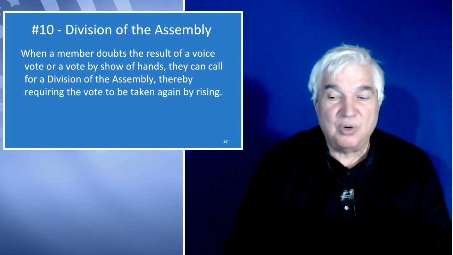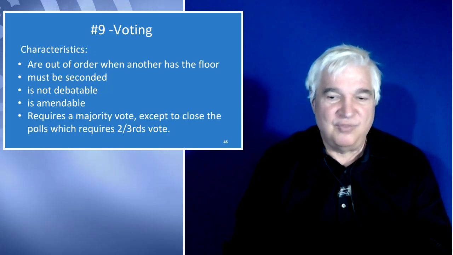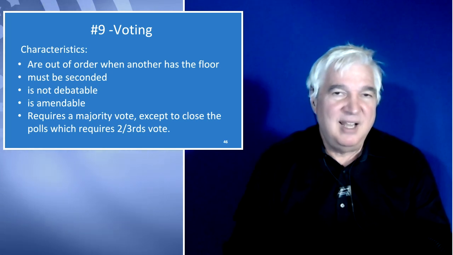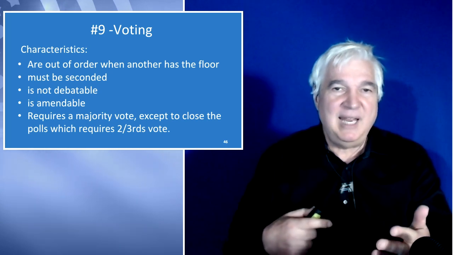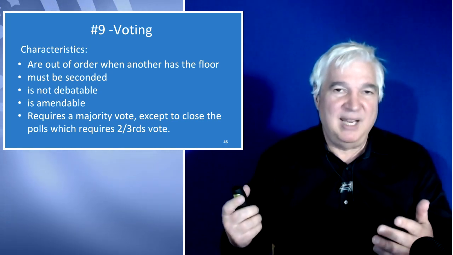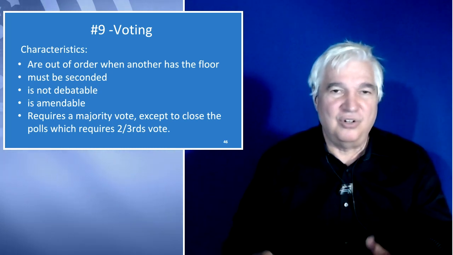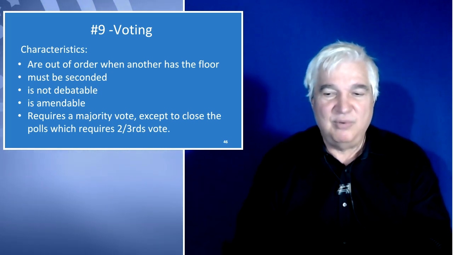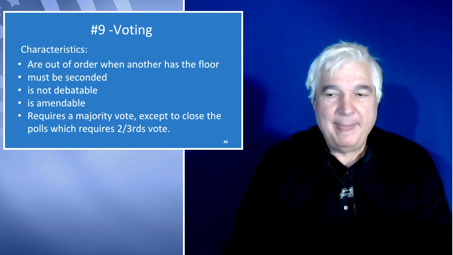It requires a majority vote except to close the polls, which requires a 2/3 vote. And closing the polls means the period which has been allowed for voting. So if you're in a meeting and people are voting and it's straggling on and you need closure, you can move to close the polls, which requires a 2/3 vote.